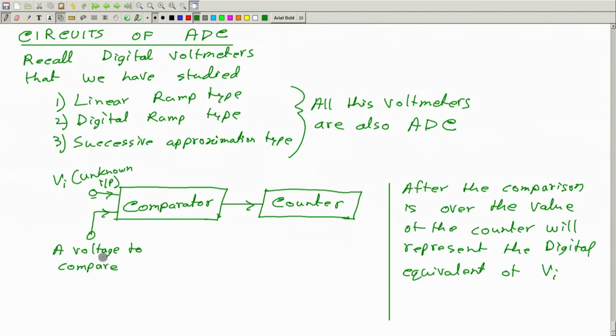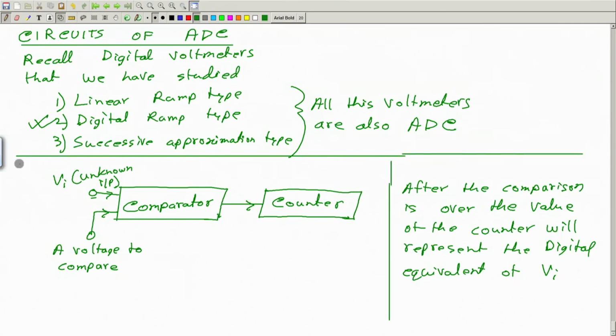For our better understanding, let me just consider the digital ramp type. Let me just talk about one of them. Others will be very much similar, which you can think yourself. So let's think about a digital ramp type voltmeter.